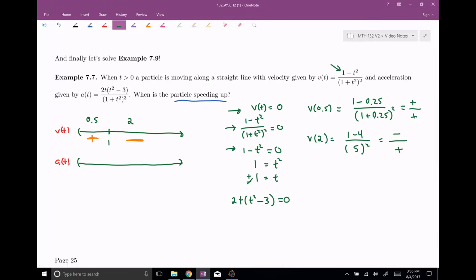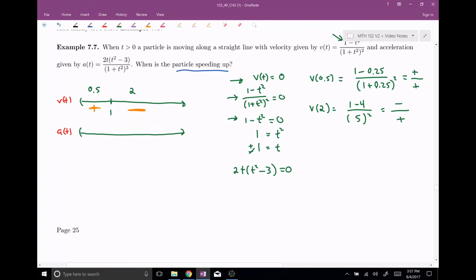All right, so taking a look at this, there's a couple things that can happen. If t was equal to 0, then this entire thing would be equal to 0. Or if t squared minus 3 was equal to 0, this entire thing would be equal to 0. We'll notice again that t should be greater than 0, so we don't have to consider this one at all. So, let's rearrange this, and I get t squared is equal to 3.